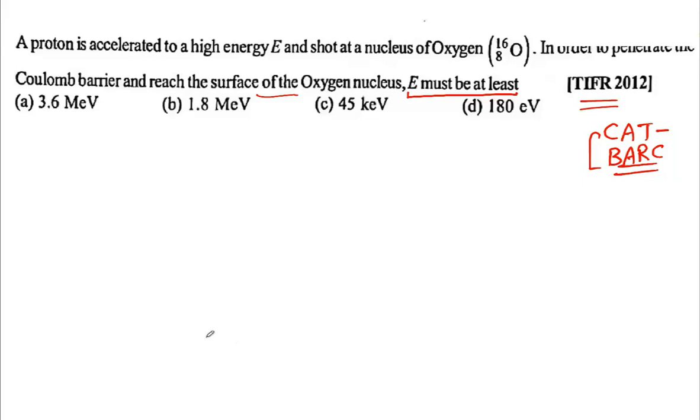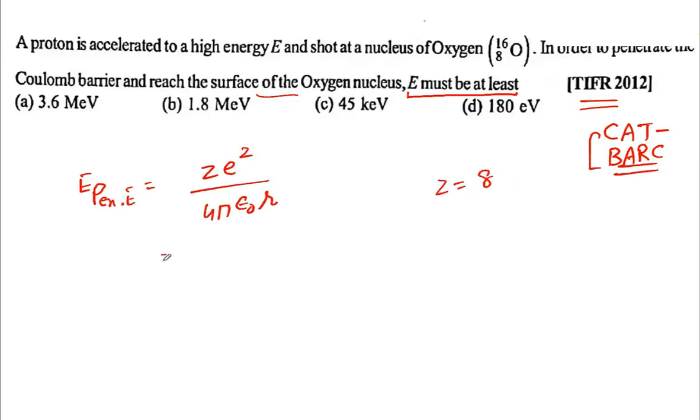and how can we calculate it? As I have explained, as one particle approaches another particle, the kinetic energy of that particle is changed into potential energy, and the penetration energy, or the potential energy, is equal to Z e square over 4 pi epsilon naught R. And for oxygen, Z is 8.